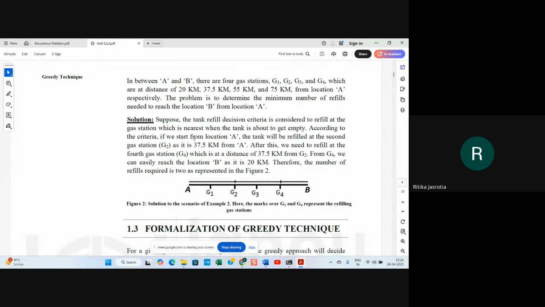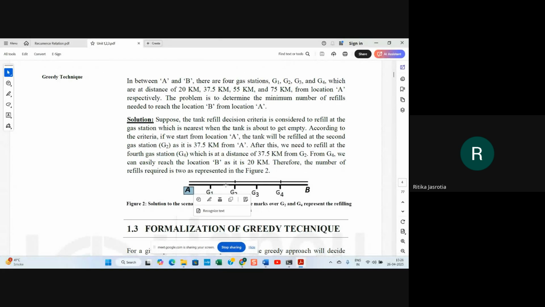According to the criteria, if we start from location A, the tank will be refilled at the second gas station, that is G2. So suppose our gas was full, and whenever the tank is showing the empty symbol, before it is about to get empty, we have to refill it.